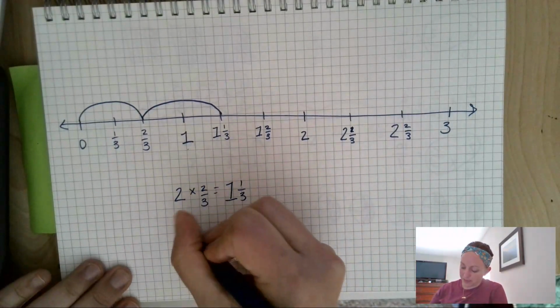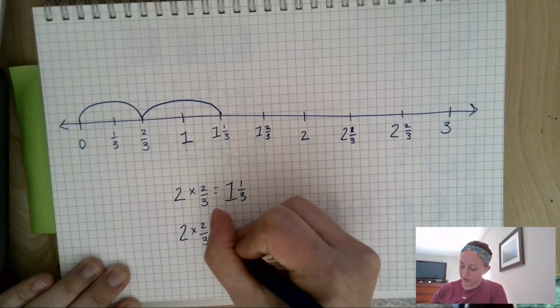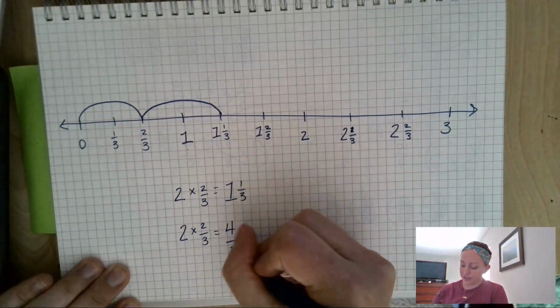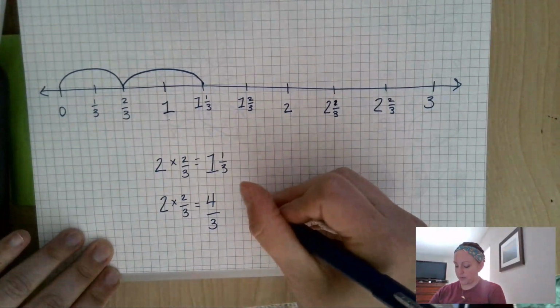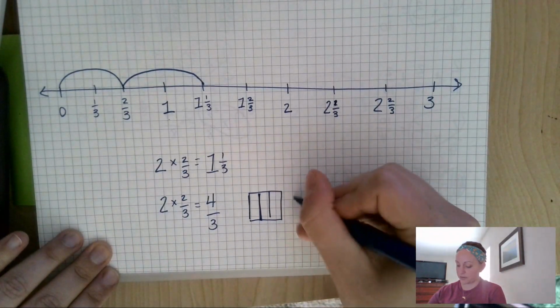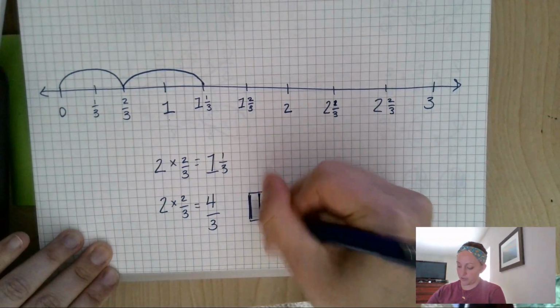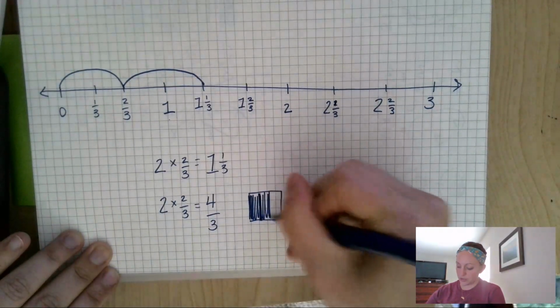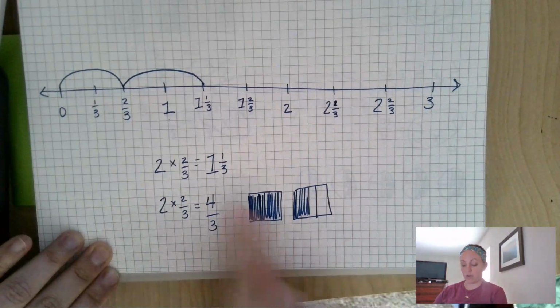Well, if I multiplied this out without the number line, I would have gotten 4/3, which is the same thing as 1 and 1/3. If I wanted to represent this as a fraction model, I can show you that. If I wanted to shade in 4 of these, 1, 2, 3, 4, notice I have 1 and 1/3.